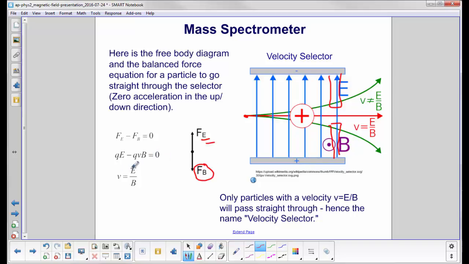Do a little quick algebra, and I find that the only particles that will go straight through and not be deflected are particles with the velocity that equals the magnitude of the electric field divided by the magnitude of the magnetic field. And you can tune both of these parameters. That's where we get the name velocity selector. These two fields will select only particles with the velocity we're looking for to come straight through.